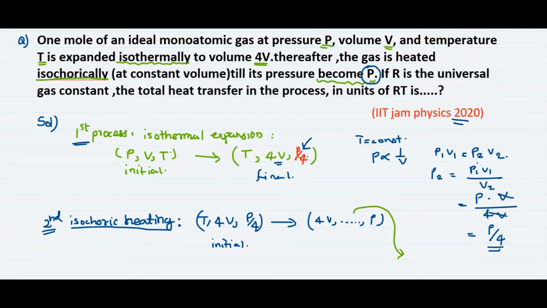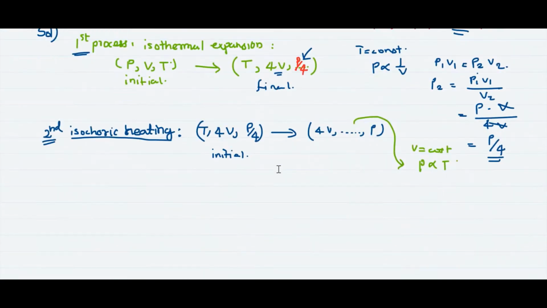We know in an isochoric process, means when volume is constant, P is proportional to T, that is P1 by T1 is equal to P2 by T2, and we need T2 here, so rearrange this.